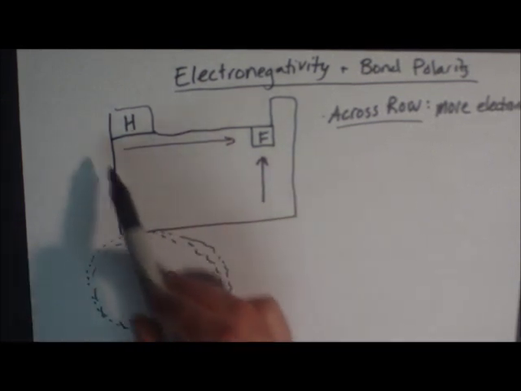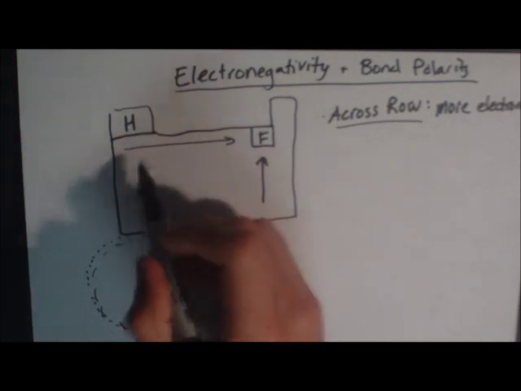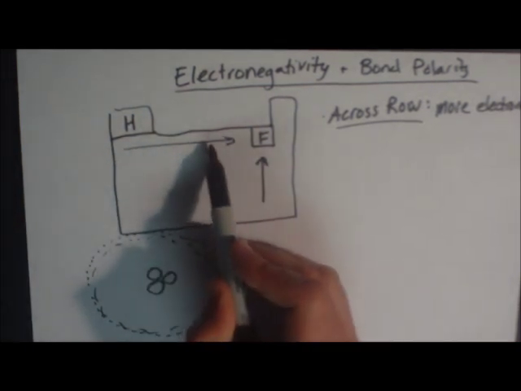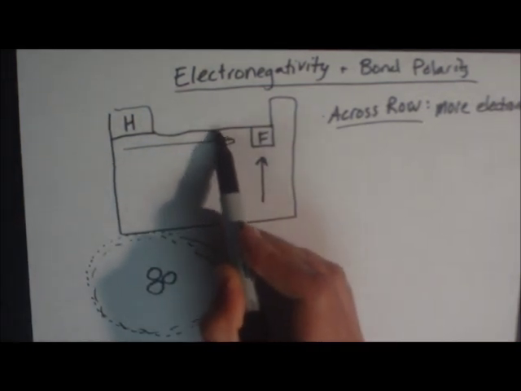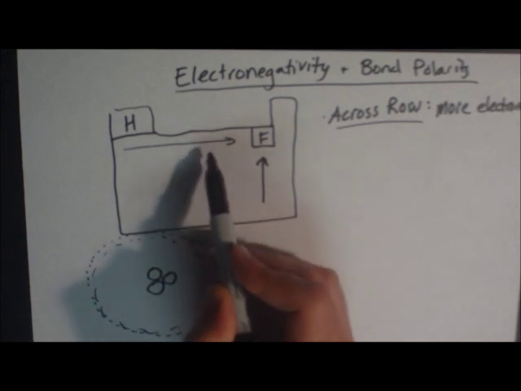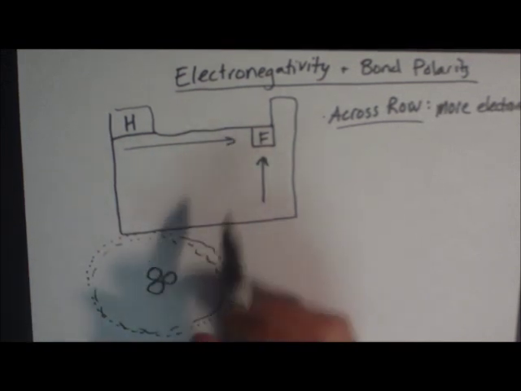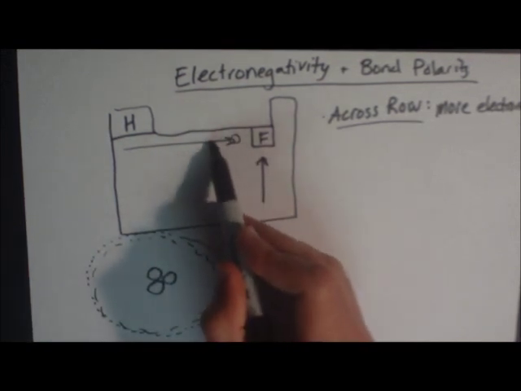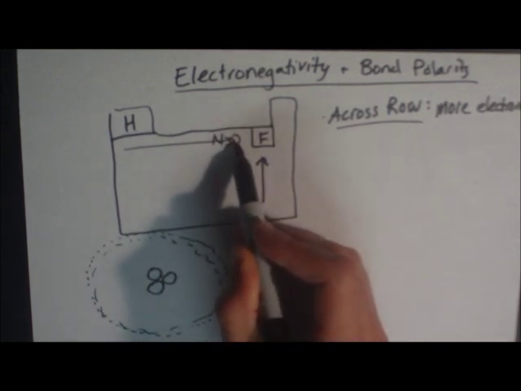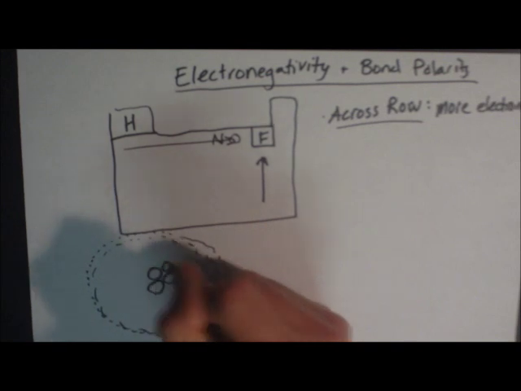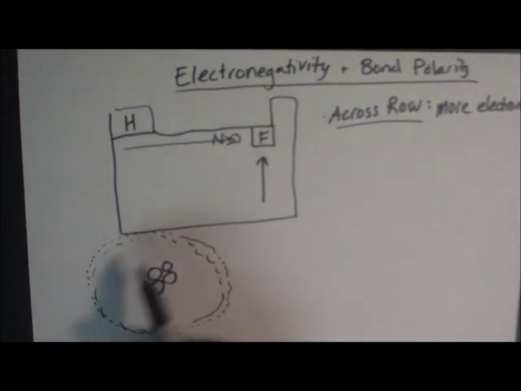But generally, as you go across a row, you're going to increase protons. So let's say oxygen is going to be right about here, and nitrogen right about there. As you go from nitrogen to oxygen, you gain a proton. And 4, I'm just representing a small number.